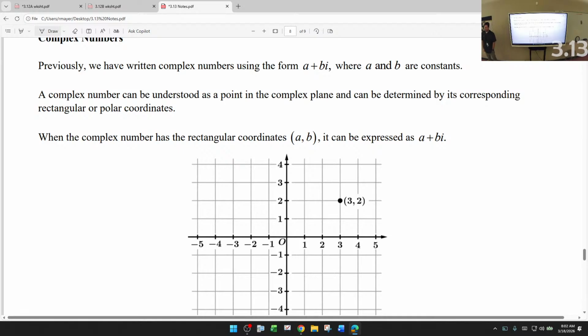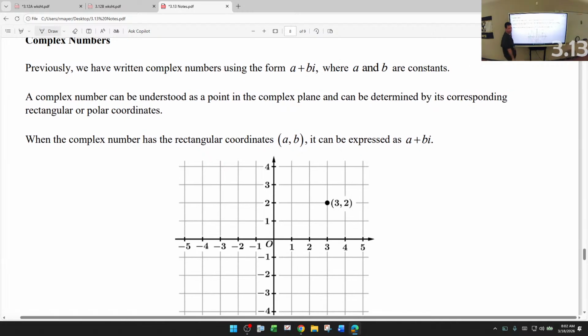Okay, last thing, complex numbers. Complex numbers, guys, are basically the imaginaries. Just keep in your heads, complex or imaginaries. You don't see these very often. Previously, we've written complex numbers in the form of a plus bi, where a and b are constants. A complex number can be understood as a point on the complex plane.